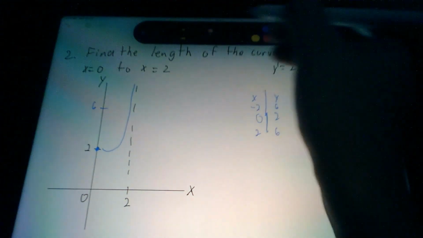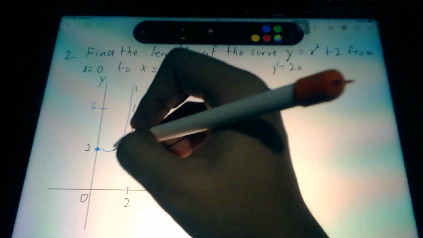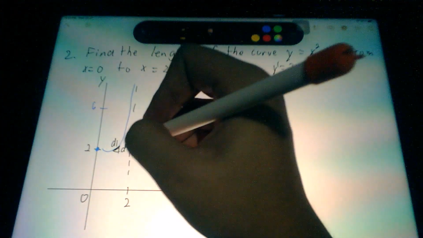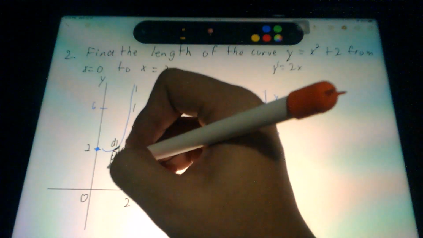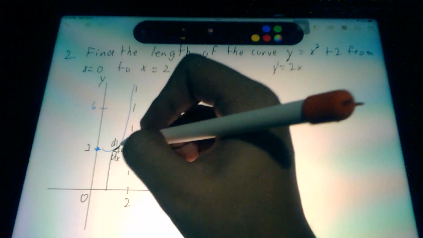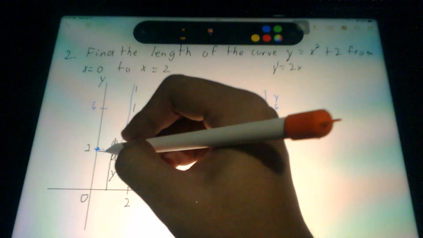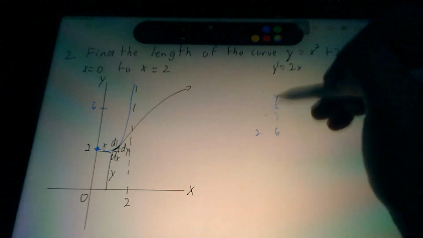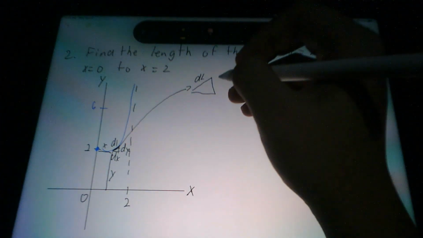Now if we put a strip here, this is our dl, this is our dy, and this is our dx. So the height of this strip from the strip to the x-axis is just y, and from this point is just x. Now let's take out the strip here. This is our dl, or differential length.